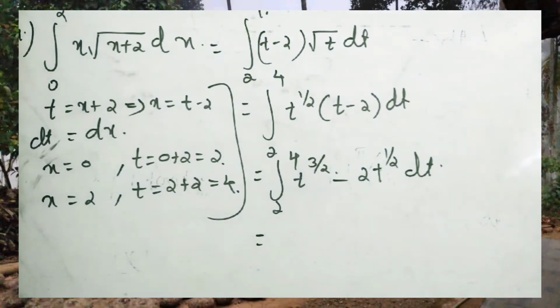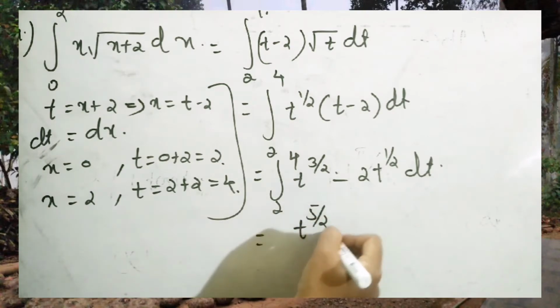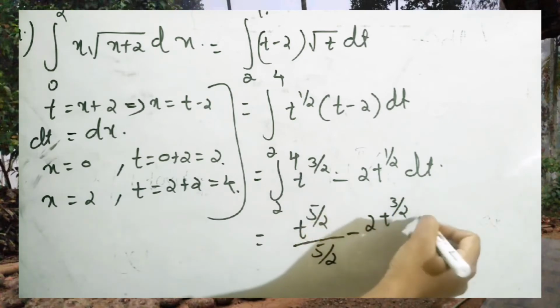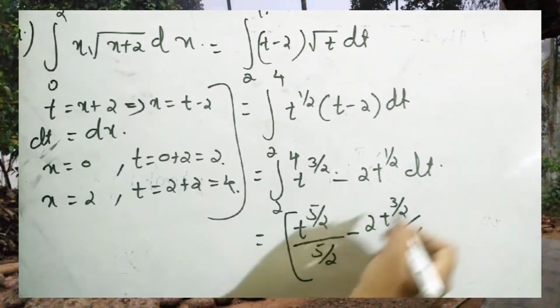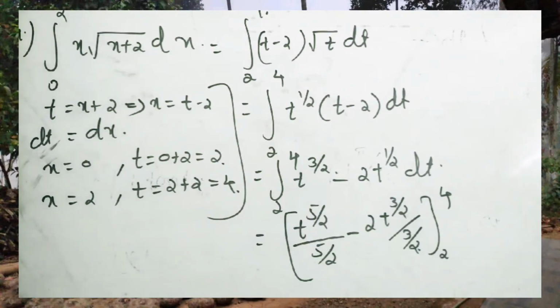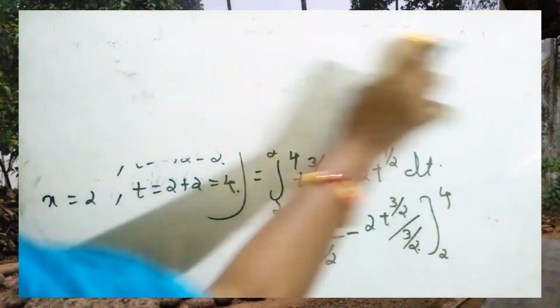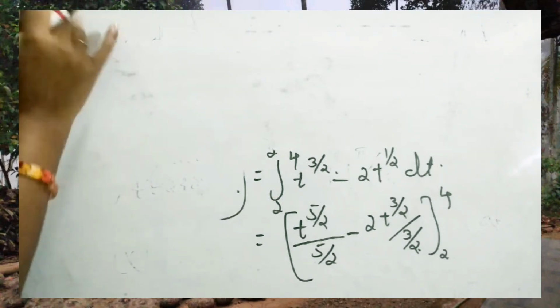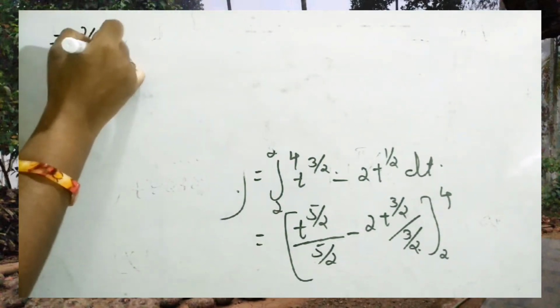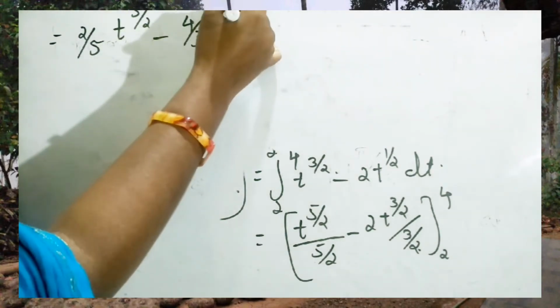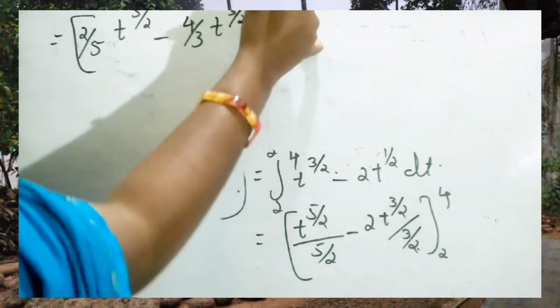Now we are going to integrate it. So t raised to 3 by 2, if you integrate that, we will get t raised to 5 by 2 divided by 5 by 2, minus 2 into t raised to 3 by 2 divided by 3 by 2, from 2 to 4. This is equal to 2 by 5 t raised to 5 by 2 minus 4 by 3 t raised to 3 by 2, from 2 to 4.